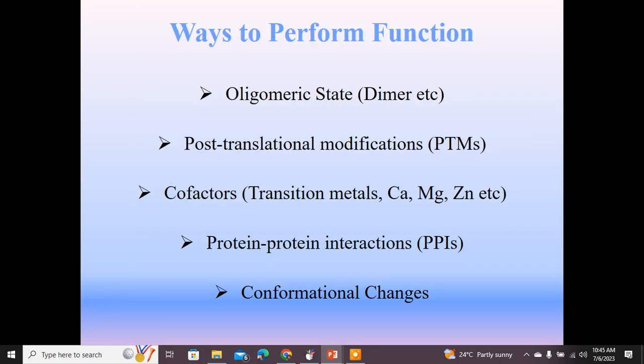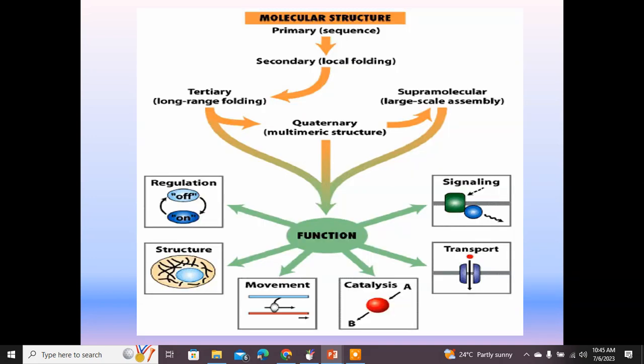Okay, so we discussed these 6 functions that proteins collectively perform. Now the question comes, how will protein perform these functions? This is important. Okay, you know that it will perform regulation, movement, catalysis, signaling, whatever, but how they will perform these functions, this is an important question.